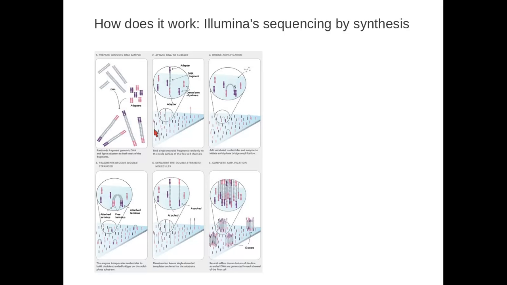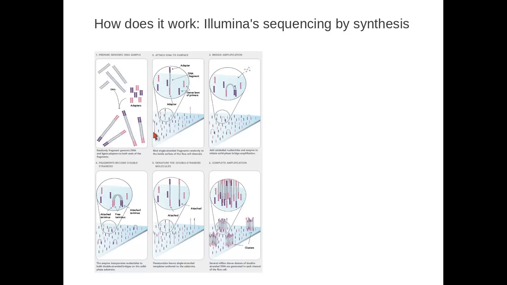The imager comes in, takes a picture, and each of these clusters then has a color associated with it for that cycle, indicating what base is in that particular cluster at that position. So the first cycle represents the first position after the primer.